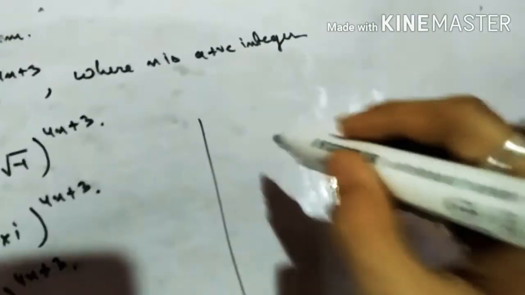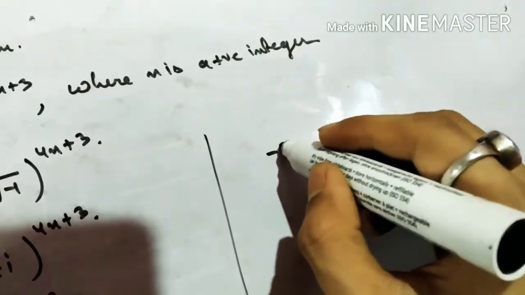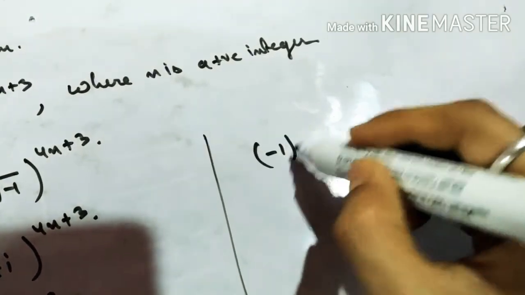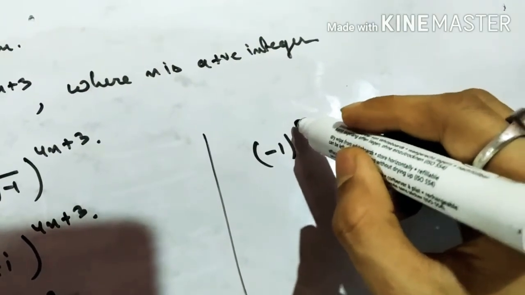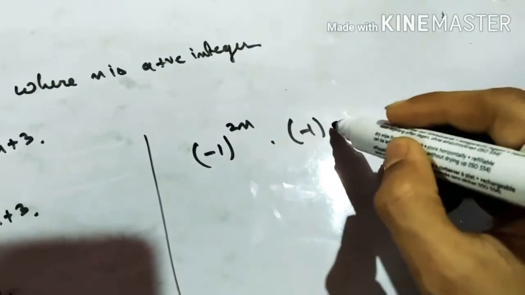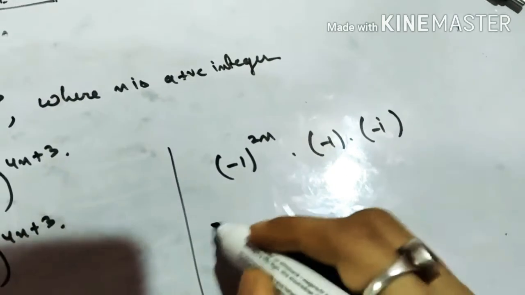So now this I know is minus 1. So minus 1 to the whole power twice n into minus 1 into minus i.